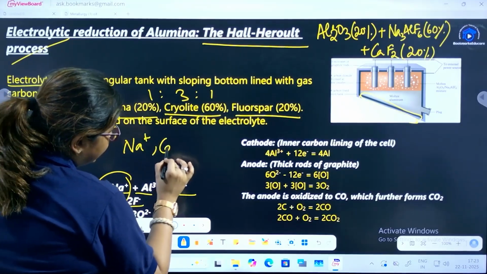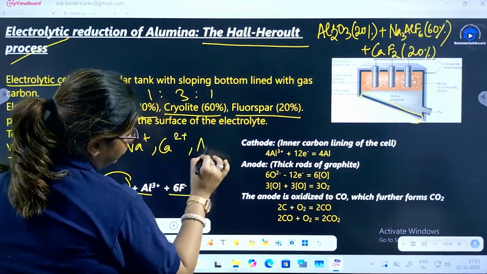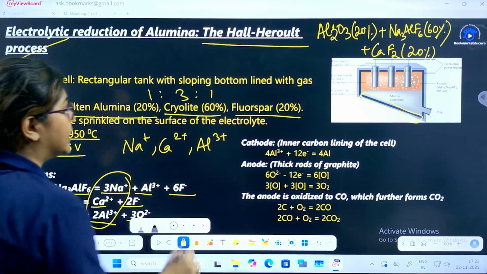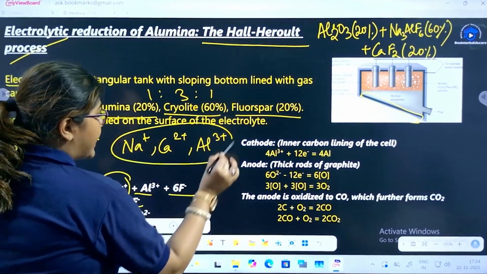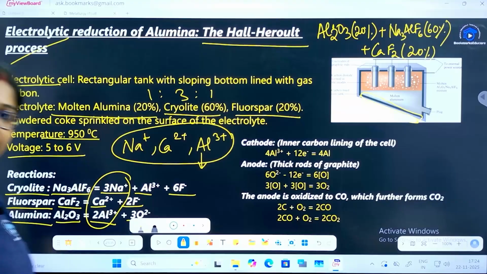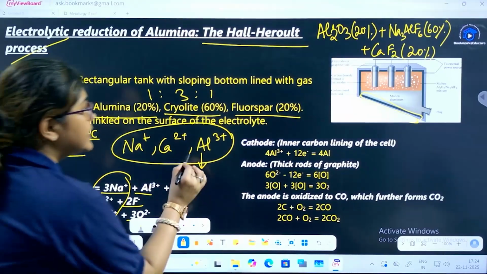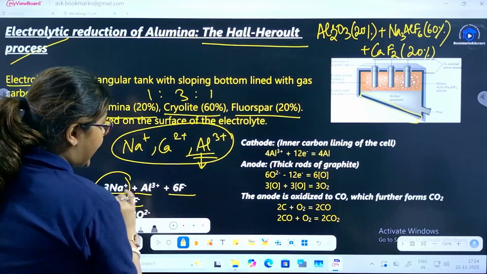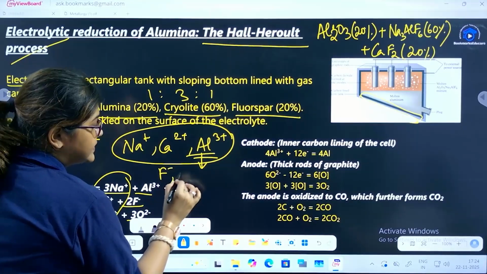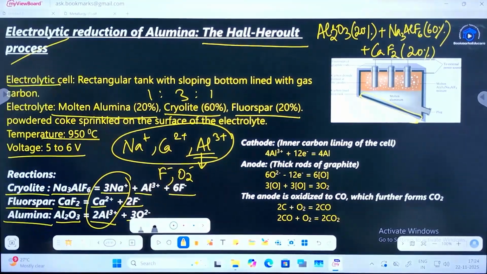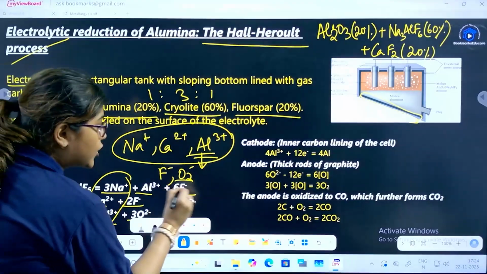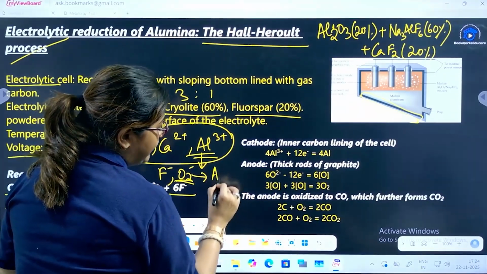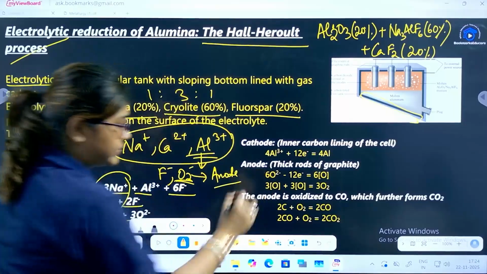Sodium, calcium and aluminium. Aluminium occupying the lowest in the electrochemical series will migrate to the cathode, and the anions are fluoride and O2-. O2- occupying the lowest in the series will migrate to the anode, right?